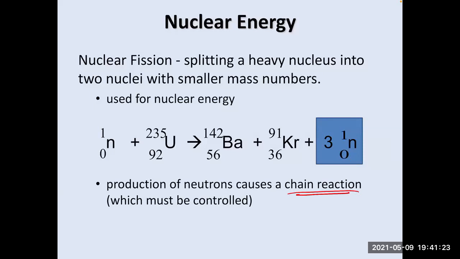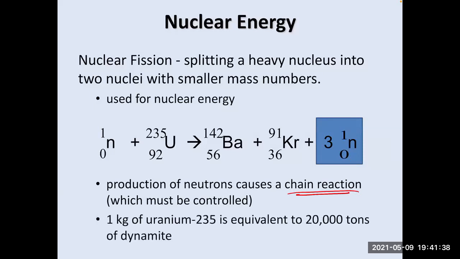If it's not controlled, we'll talk about what happens. We have experience with these uncontrolled reactions, so you have to control them, and we'll talk about how we do that. 1 kilogram of uranium-235 is equivalent to 20,000 tons of dynamite.